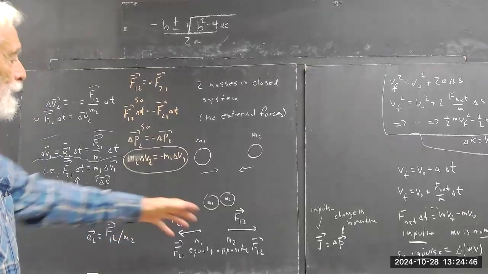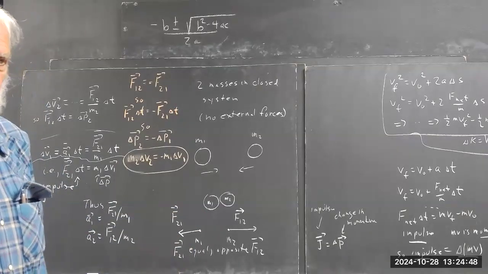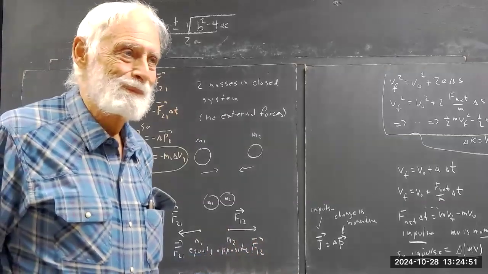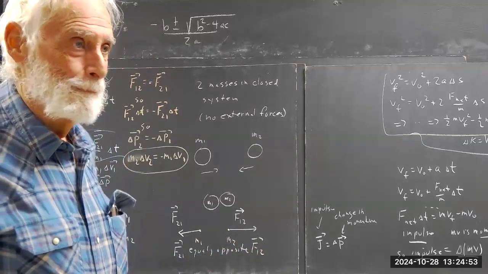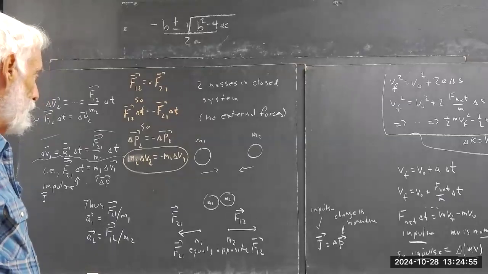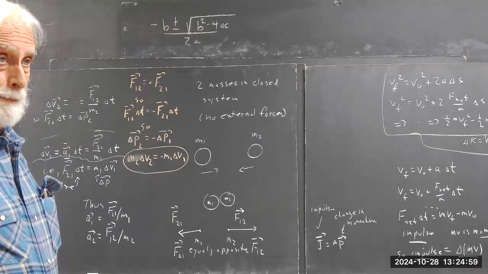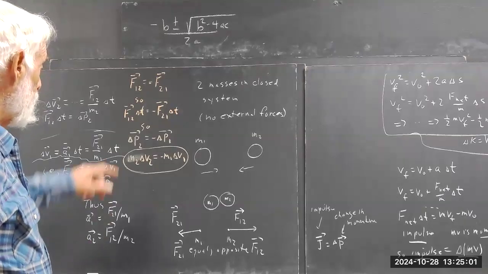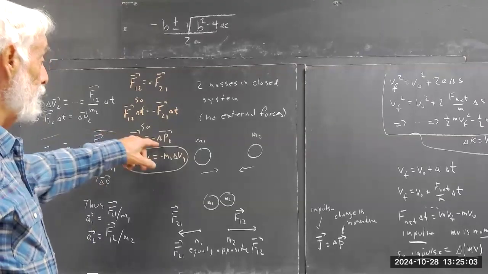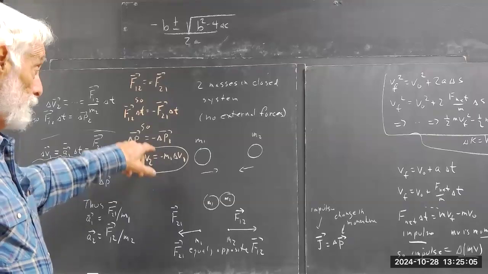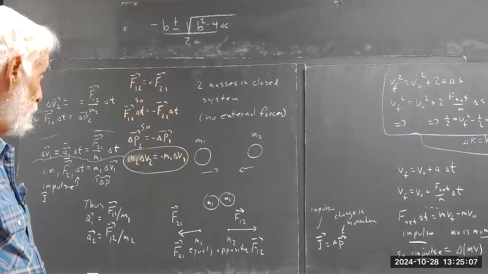If the two masses don't change during a collision, like if they break apart, okay, you have this equation. But it really is just, it's this. This is just another way of writing this.